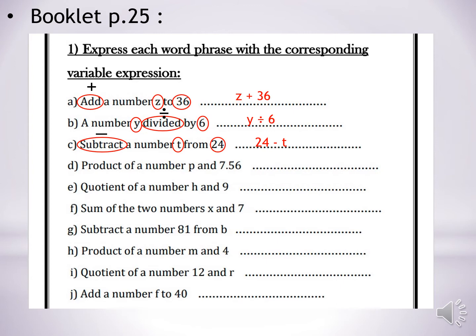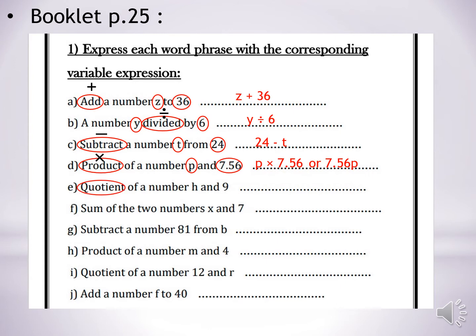D. Product of number p and 7.56. Product, this is the keyword for multiply. P, this is my symbol. 7.56, this is my number. So I can write it p times 7.56, or I can write it 7.56p.